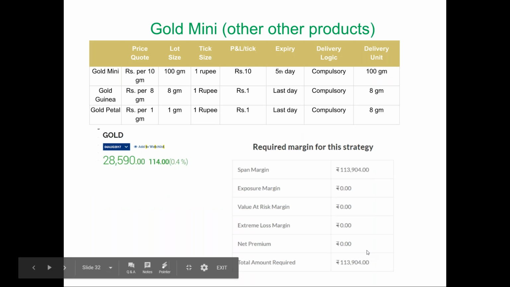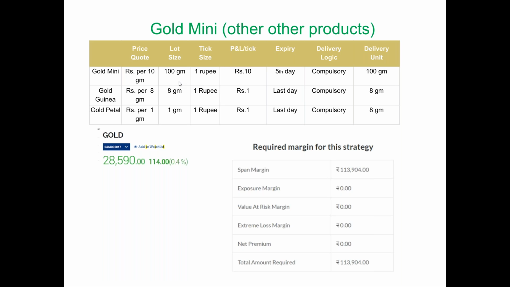Now, if you understand gold, you will understand gold mini. Gold mini is very similar to gold, except it's 1/10. The price is once again quoted per 10 grams, the same exact thing, which means there's going to be a lot of arbitrage done between gold and gold mini.